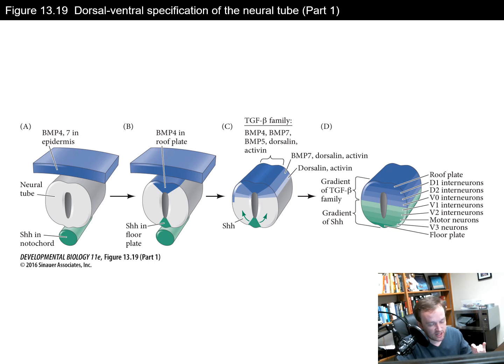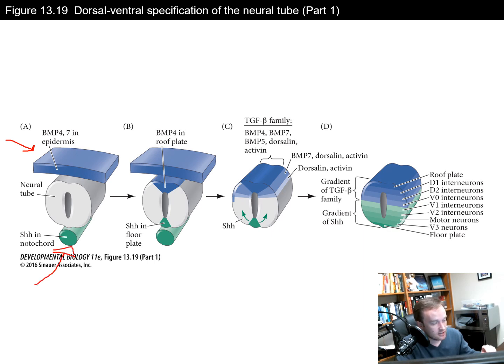So we know that different areas of the developing neural tube express different transcription factors, and that leads to these differentiations ventrally to dorsally. But how does this gradient arise? As we talked about throughout the class, gradients cause all of this differentiation. So when the neural tube is newly formed, we have the epidermis up on the top here, and the notochord below.